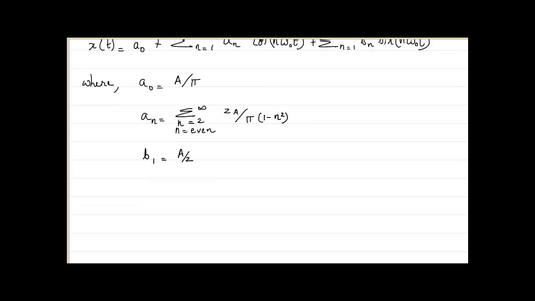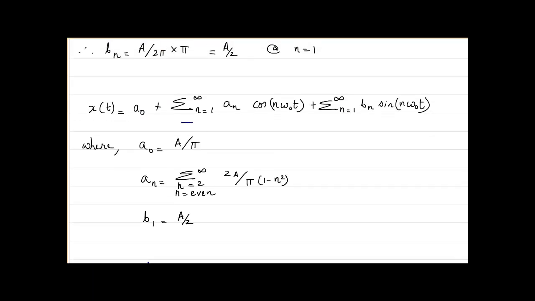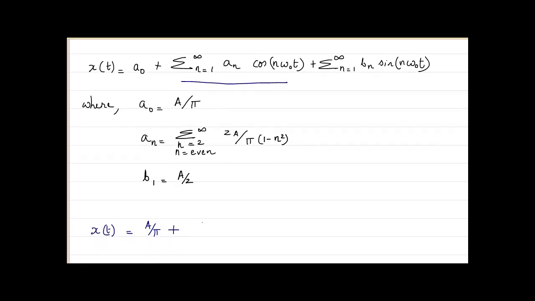Therefore finally, if I had to write x of t, let me write it in blue. x of t is first a naught, which is a by pi, plus the second part, summation n is equal to 2 to infinity with n even, 2a divided by pi into 1 minus n square, plus summation n is equal to 1 to infinity.